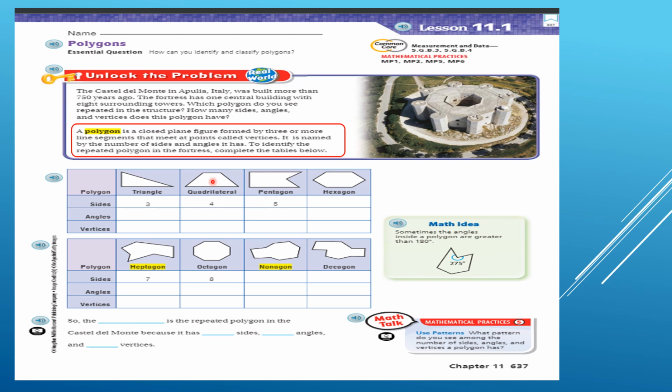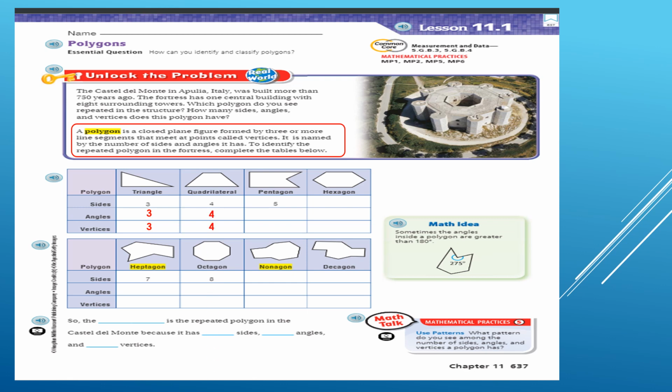And before we start, we should remember the definition of a polygon. It's a closed plane figure formed by 3 or more line segments, and they meet at points called vertices. Remember, so it's very important to identify polygons. So let's go back to our triangle and fill in the number of sides, angles, and vertices. 3, 3, 3. What about a quadrilateral?